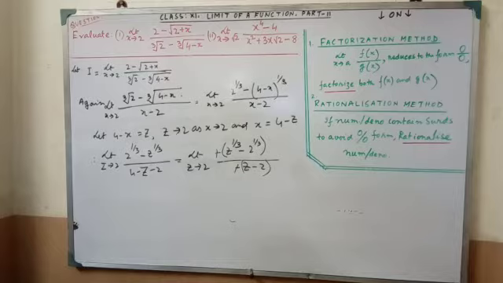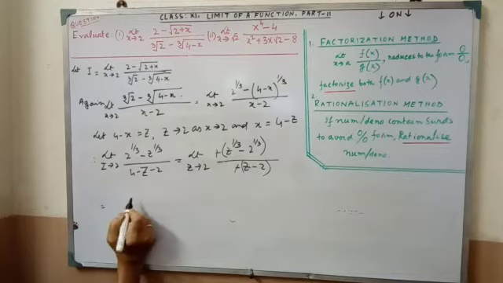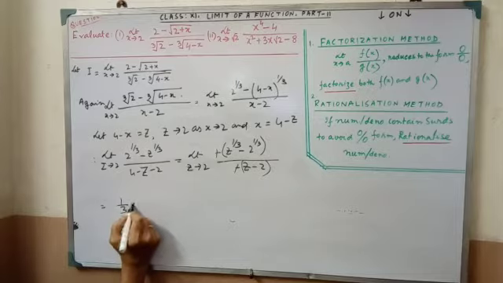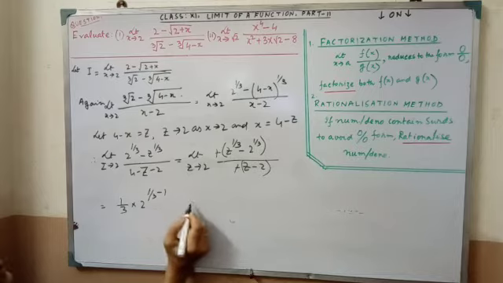Now we are getting the form of the formula that you have learned in part 1. We may write this as 1 by 3 into 2 to the power 1 by 3 minus 1.